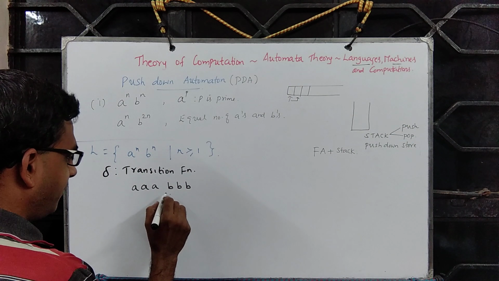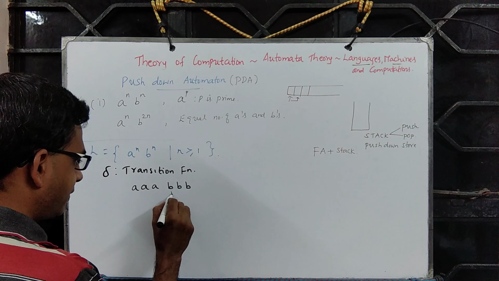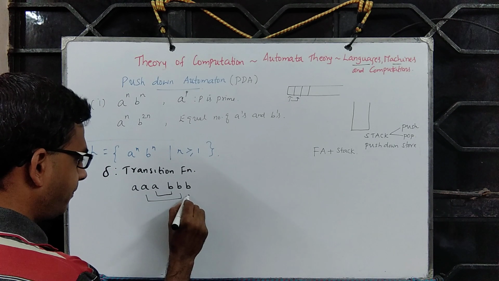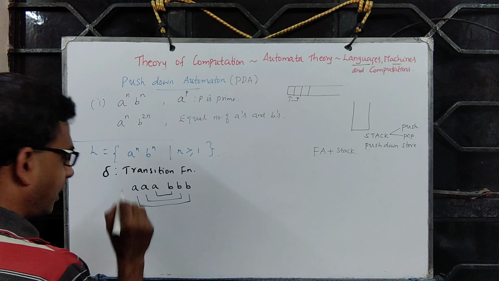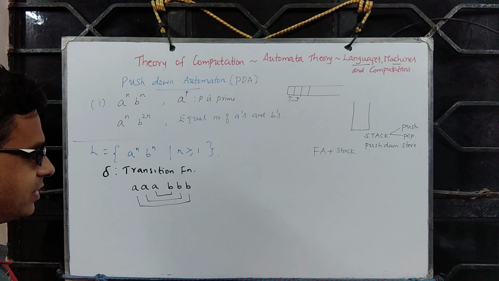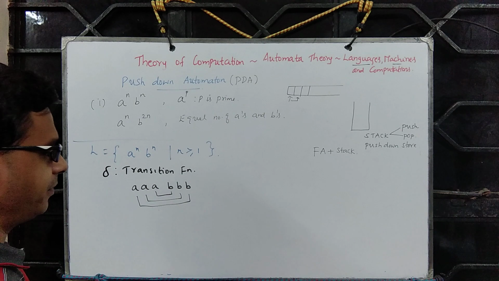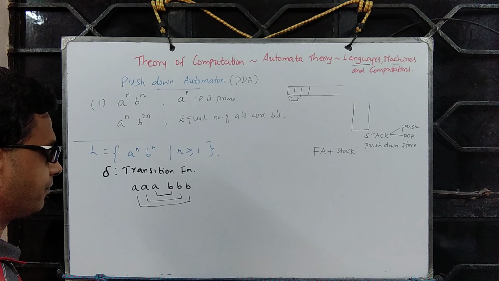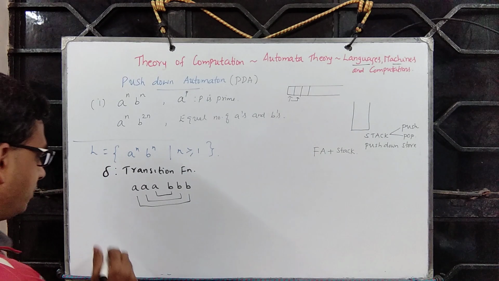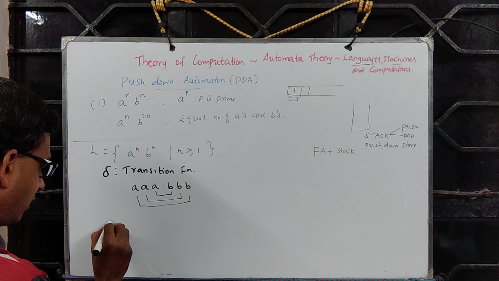So essentially what we will do is, we will associate for each B one A. The matching is perfect, which means number of A's and number of B's are one and the same. So how are we going to translate this into push down automaton?